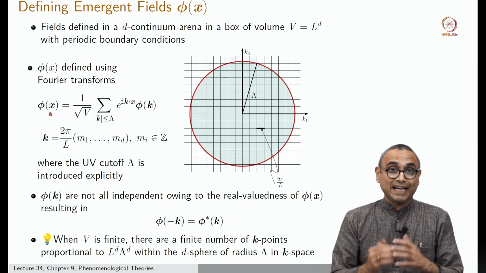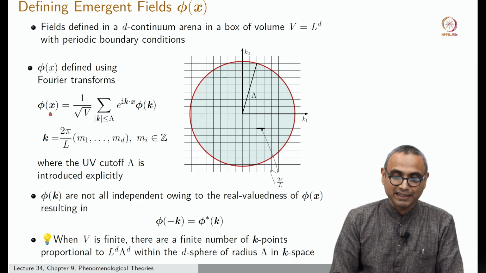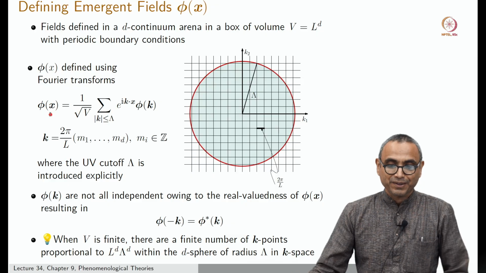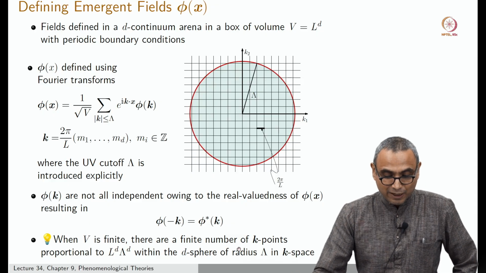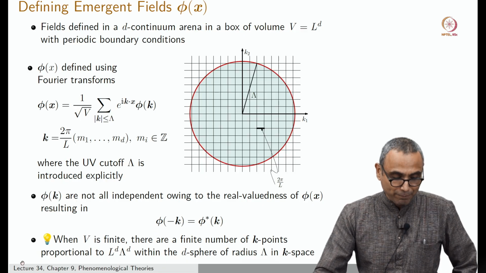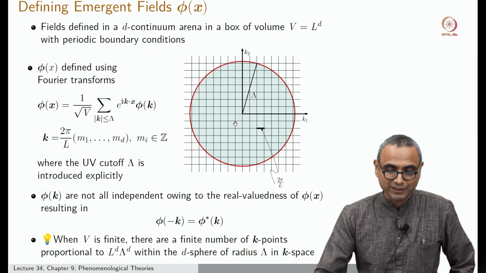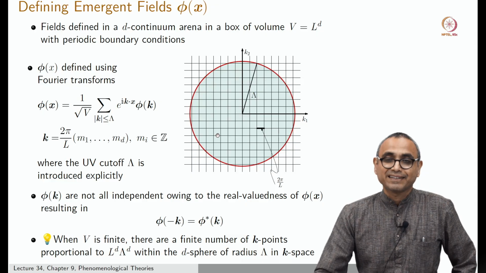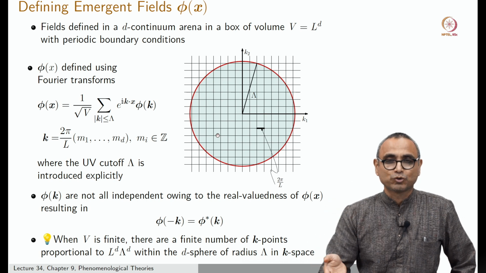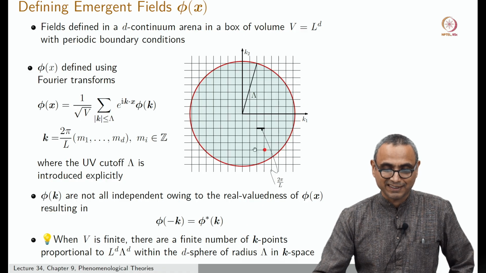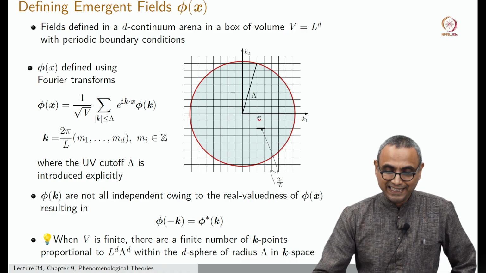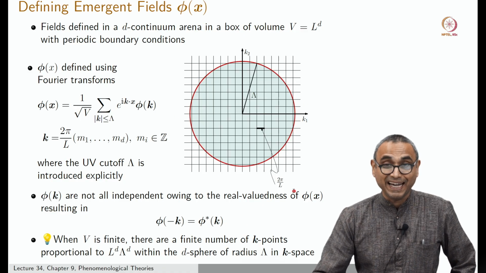Again, I want to emphasize this point I made just a moment back. If the volume is finite, there are only a finite number of k points, and the number of k points is proportional to L to the d, lambda to the d. That's easy to see. If it is 2 dimensions, pi times lambda squared will be the area of this circle, and each of these points takes up (2 pi by L) squared.